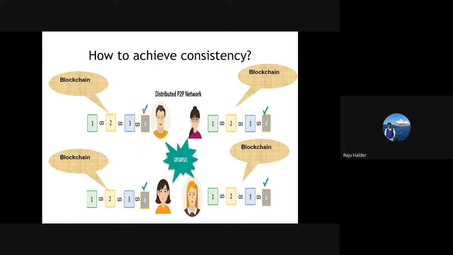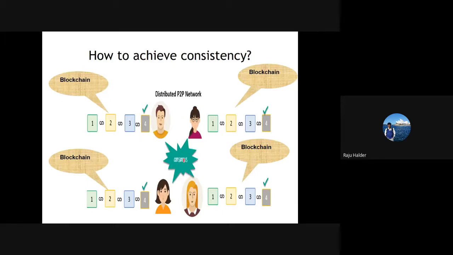So I would say there are three important things. One is the data structure where the actual transactions will be stored. This is one part that I have already told. They are using hash pointers and making a chain of blocks. The second one is distributed computing: everyone will maintain the blockchain copy locally, but to maintain the consistency of information among all the copies of the blockchain, a consensus mechanism has to be followed.